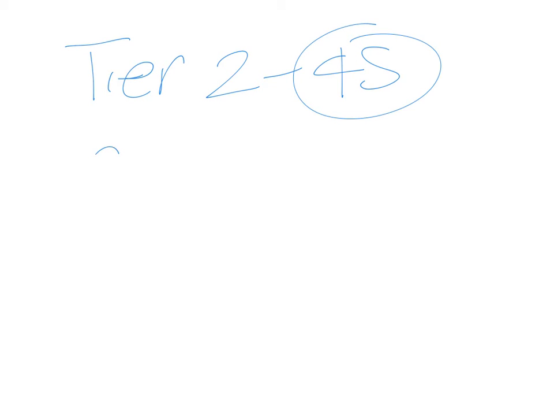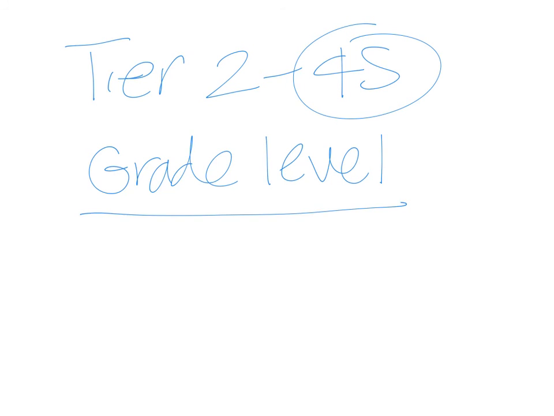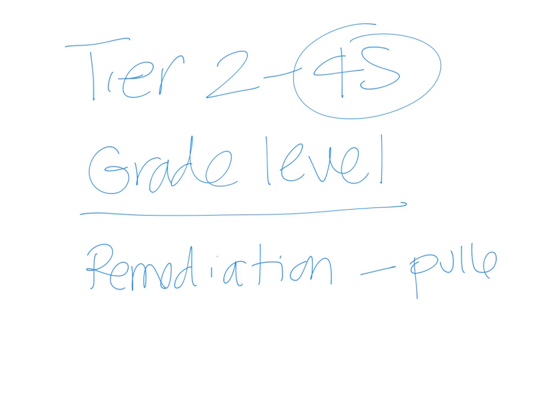So remember, your Tier 2 or your Focus 45 time is going to be for grade level standards, your grade level essential standards that you draw. Don't worry, your kids that need that remediation or that Tier 3 will be receiving it. It is built into the schedule that we are about to show you. They will still be pulled during reading time, like we've done in the past.